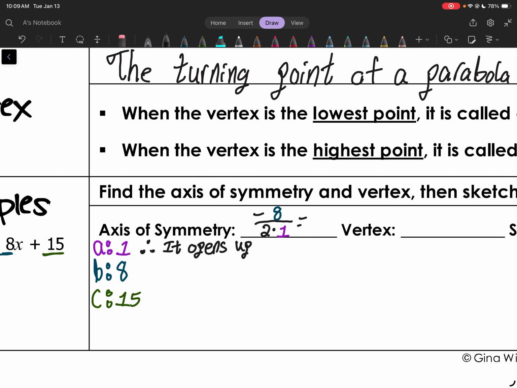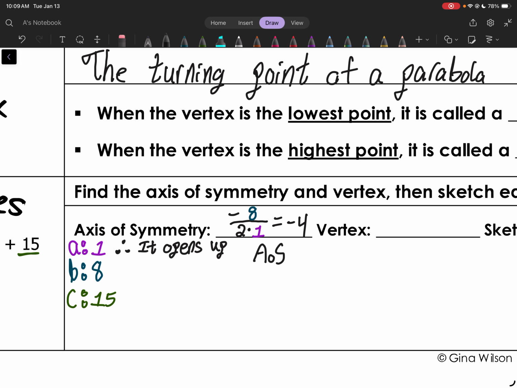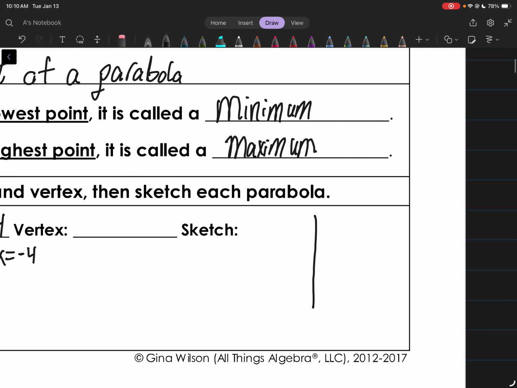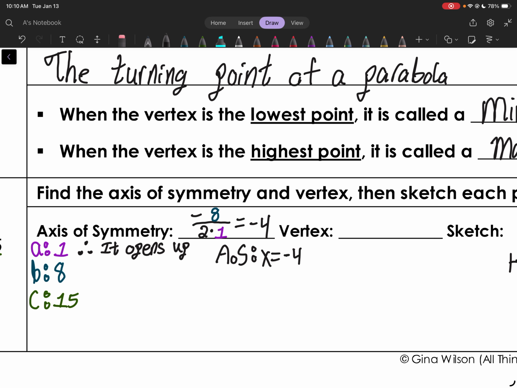So negative 8 divided by 2 gives me negative 4. My axis of symmetry, x equals negative 4. I'm going to put this part on my graph. So there's negative 5. There's my axis of symmetry, so I can fold it in half over that line.